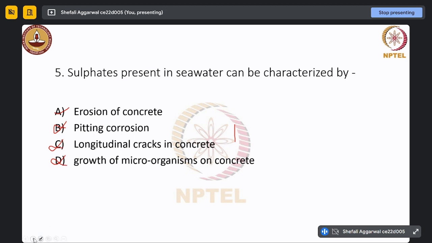So if you see any erosion of concrete, mostly at the surface of the concrete which is in contact with the water, you will see this part will be eroded like this. If you see this kind of damage, it can be due to the sulfates present in the water.